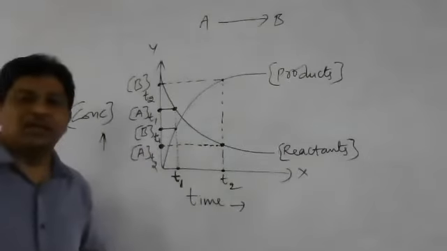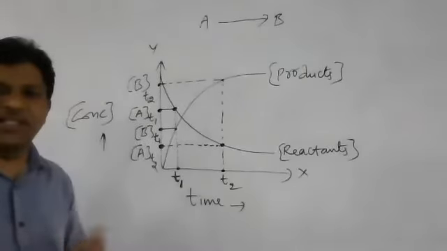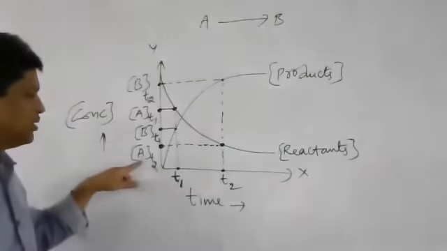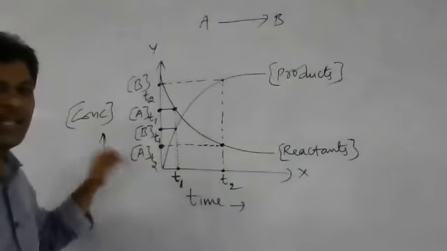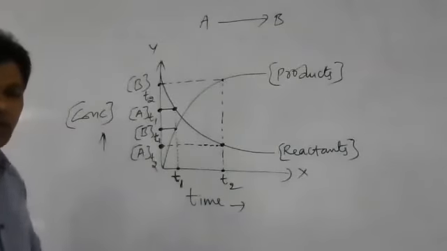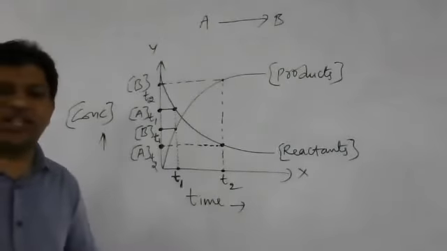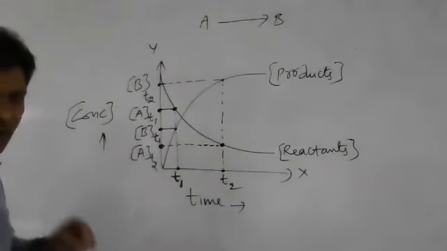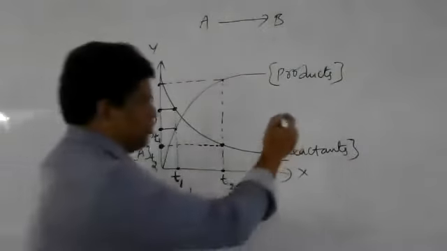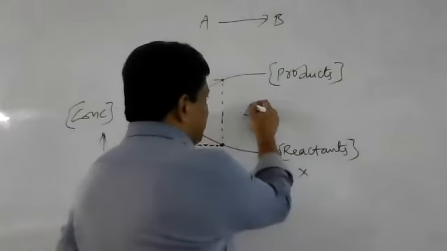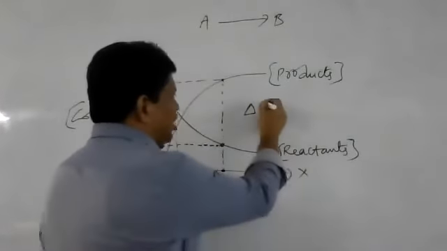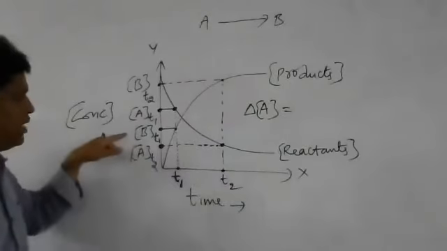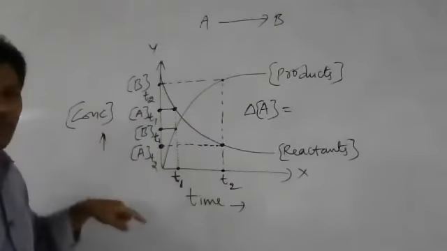Now regarding A, which concentration of A is less, at T2 time or at T1 time? The concentration of A at T2 time is less, right? Now how to write the change in concentration of A? Delta A is equal to final minus initial.